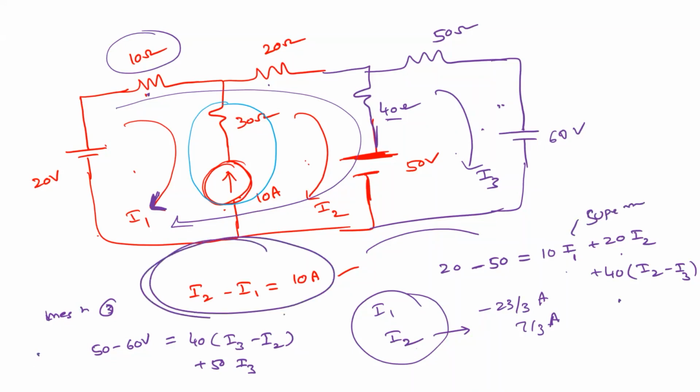We have two equations: one is the super mesh equation, and the other is the loop equation. The additional equation comes from applying KCL to the elements that we excluded. This shunt branch is excluded, so apply KCL to find the relation between I2 and I1. That's all. Clear?